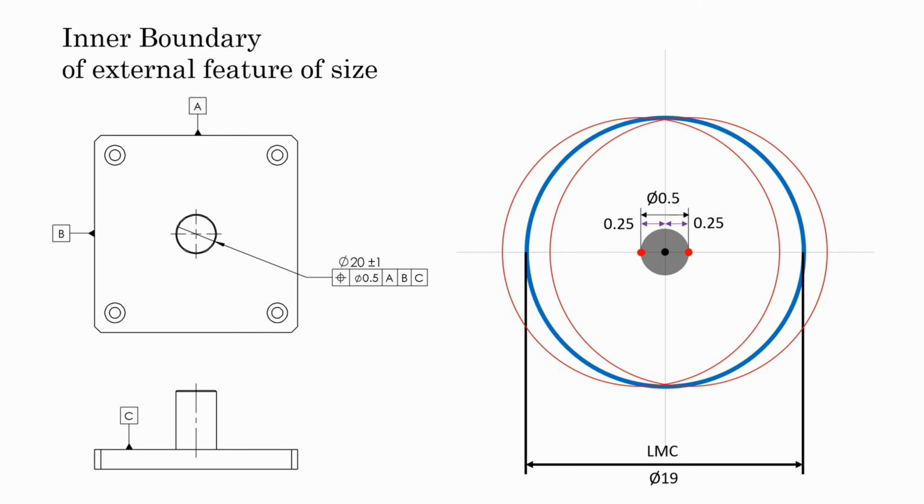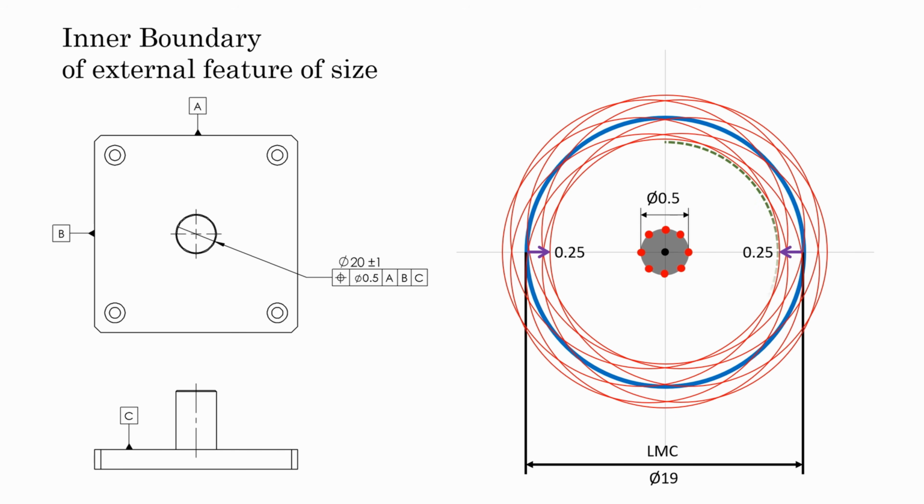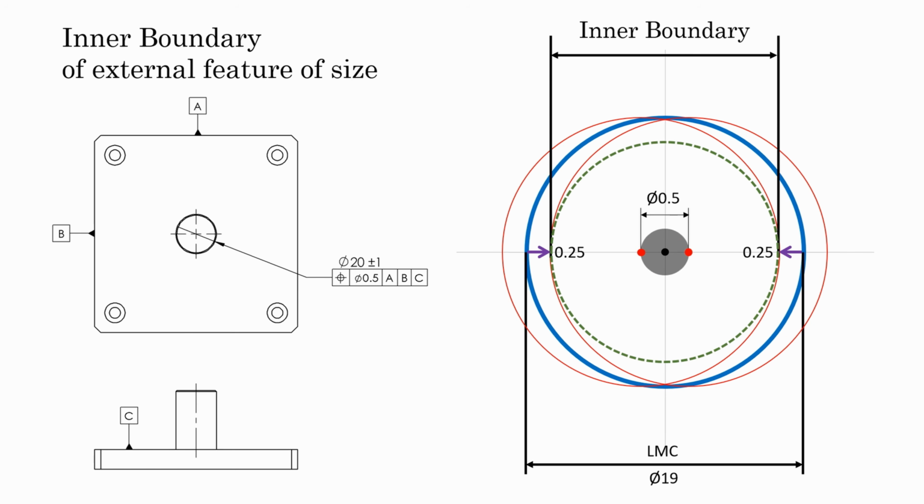So this red pin circle is shifted inward by 0.25 mm from the left surface at nominal size, and this shifting of 0.25 of surface would be all around. So the inner boundary diameter would be 19 mm, LMC of the diameter, minus 0.25 from the left, 0.25 from the right, 0.5, making the inner boundary 18.5 mm in this case.